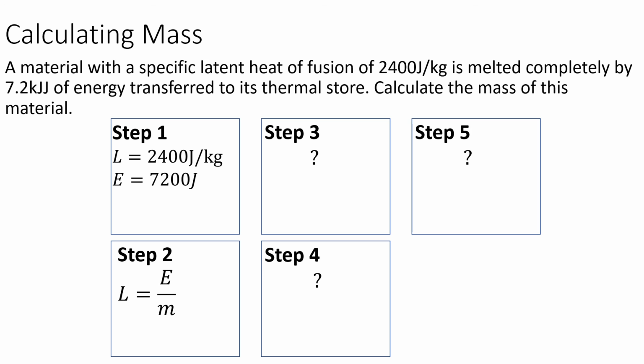So a material with a specific latent heat of fusion of 2,400 joules per kilogram is melted completely by 7.2 kilojoules of energy transferred to its thermal store. Calculate the mass of the material. Again, we've got kilojoules, so we're going to need to convert. Copy steps 1 and 2 and complete steps 3 to 5.